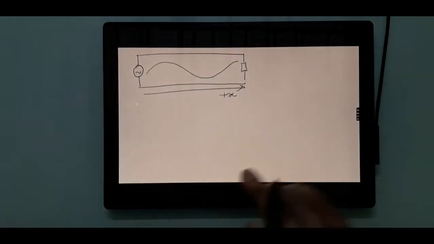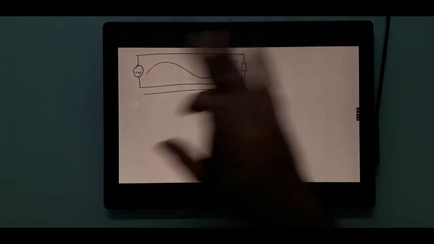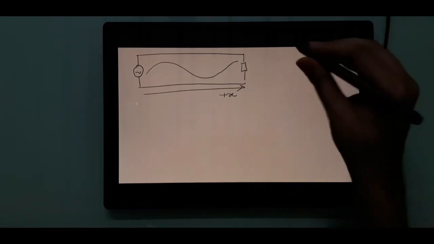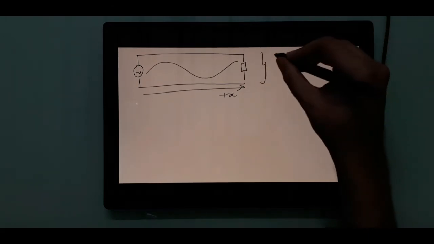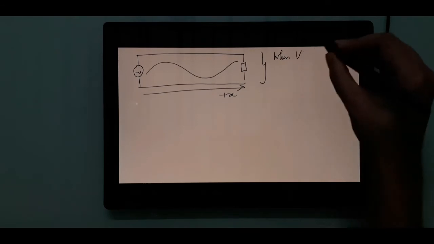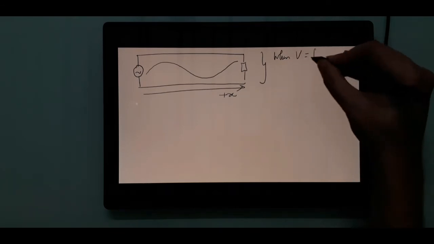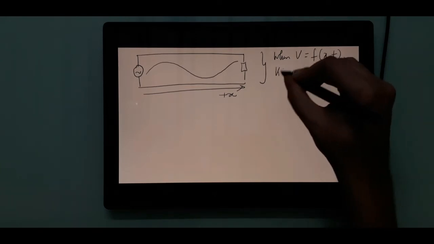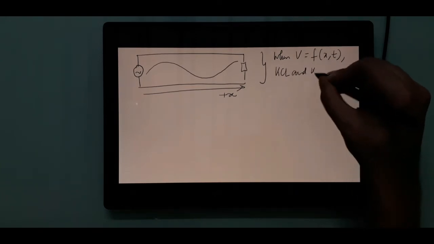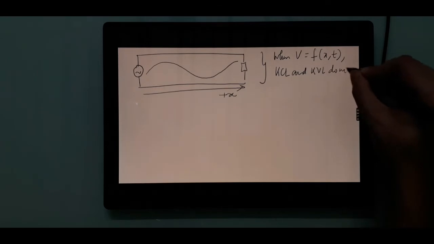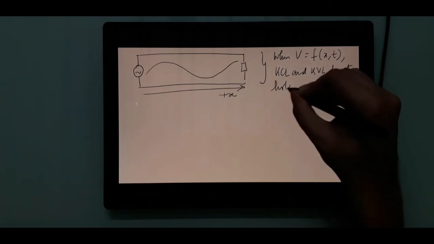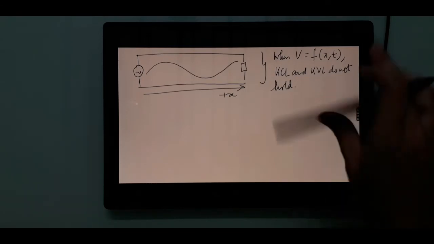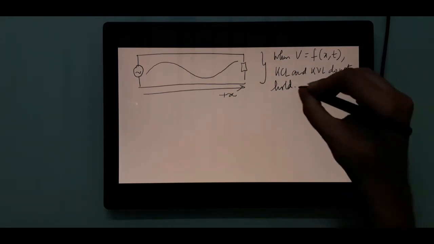So what we can see is that normally KCL and KVL don't hold when voltage is a function of both time and position. KCL and KVL do not hold true.